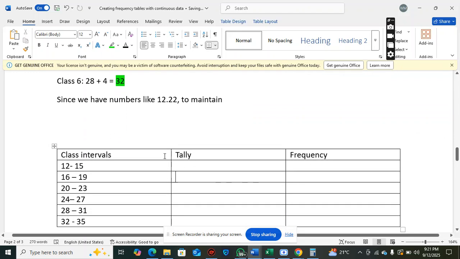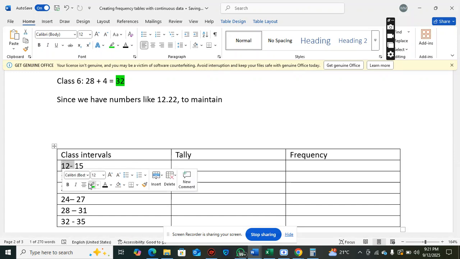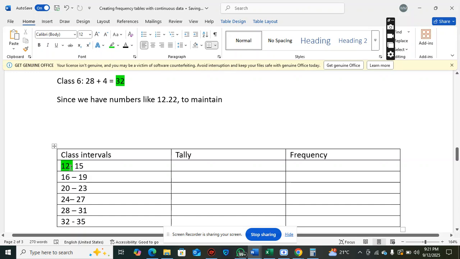As you can see, our lower limit for the first class is 12, and we'll say 12 to 15. Since the class width is 4, if you count 12, 13, 14, 15, there are 4 numbers.